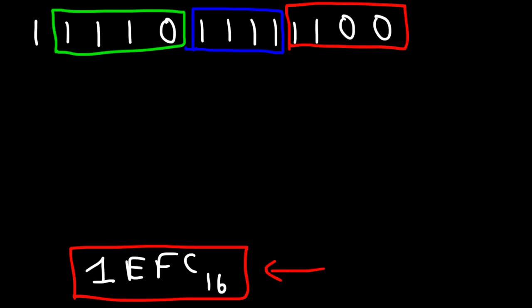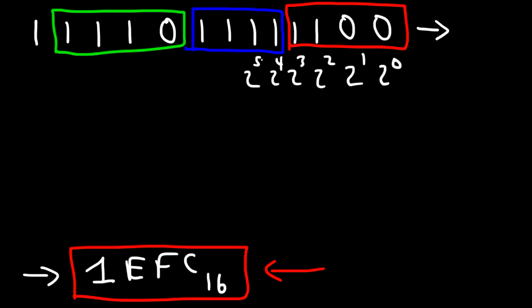Now, to make sure that we have the right answer, let's convert the binary number and the hexadecimal number into a decimal value, and let's make sure that it's the same. So let's start with the binary number. So this is 2 to the 0, 2 to the first, 2 squared, 2 to the third, fourth, fifth, sixth, and so forth.